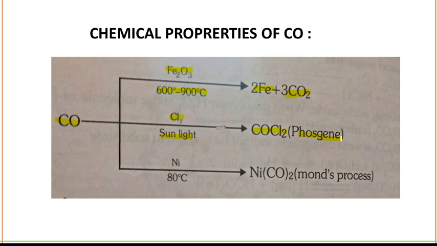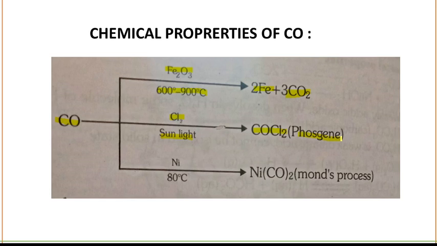In low concentration, its odor resembles that of freshly cut hay or grass. Phosgene is a valued industrial building block, especially for the production of urethanes and polycarbonate plastics.